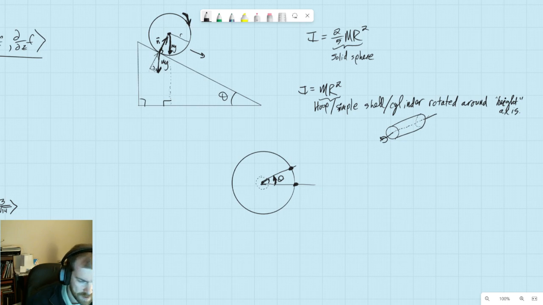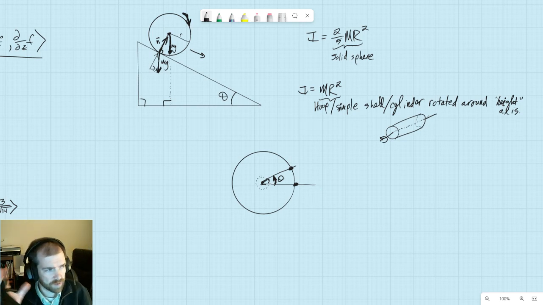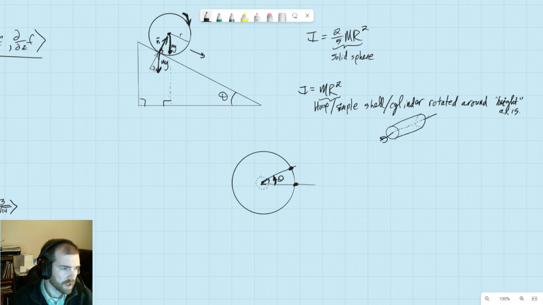I don't know if it's just the shells, like the sphere part is kind of its own bit, and then the individual just outer rims of this thing is going to be the rotational inertia.